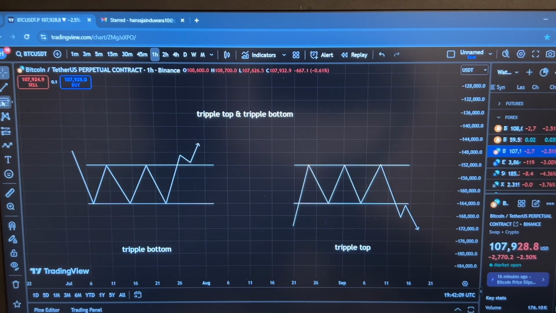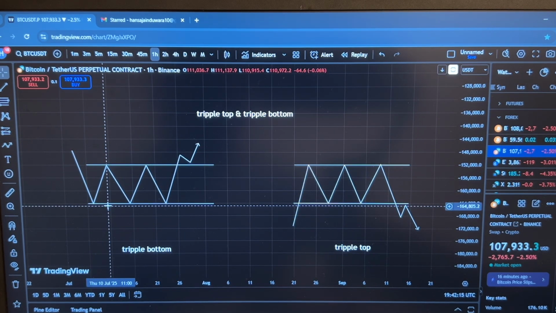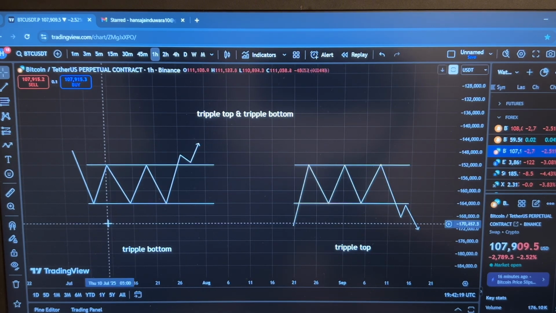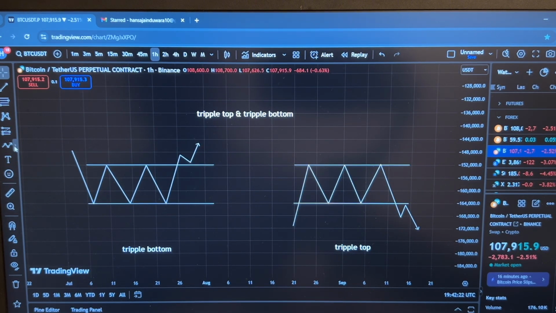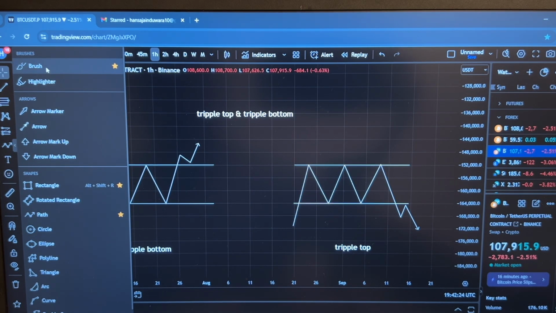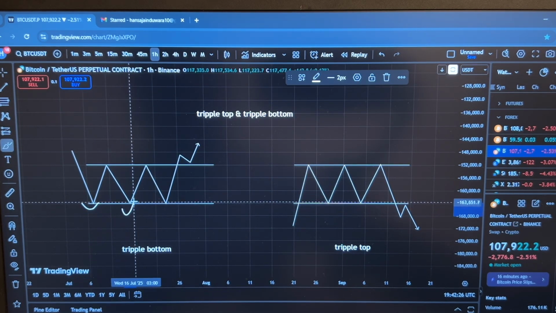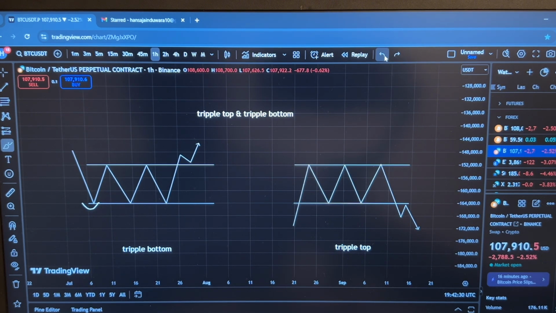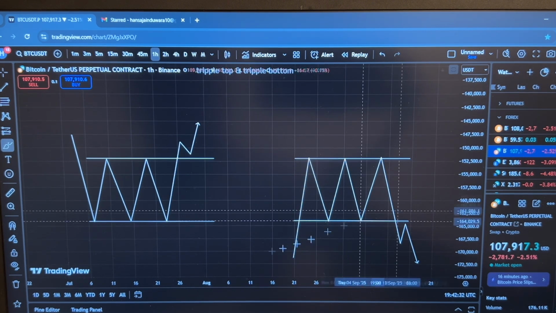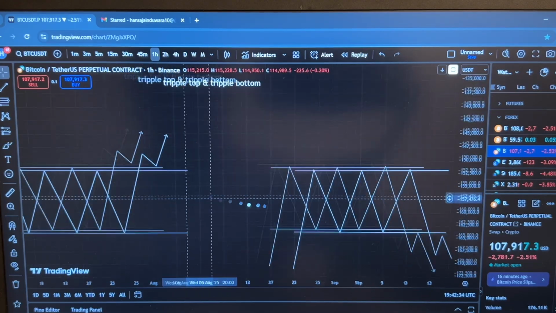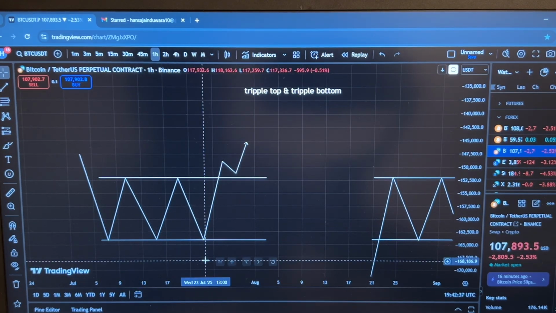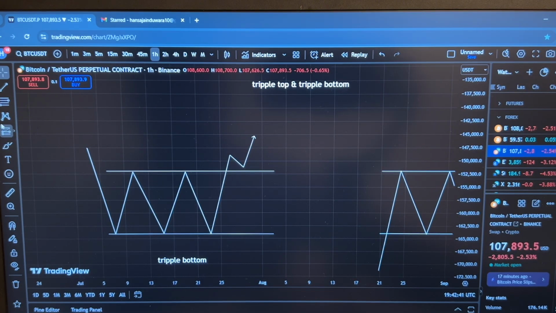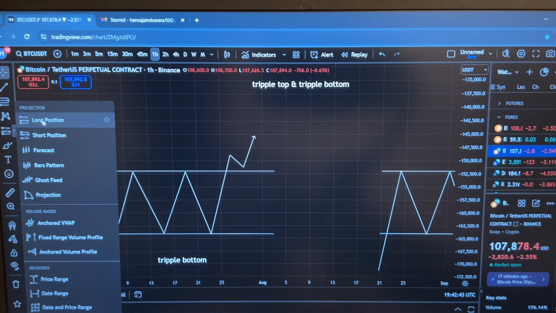I'll show you guys. Just like the double bottom, the triple bottom is going to be the same. So basically, if it makes 3 bottoms, 3 touch points in a trend, it's considered a triple bottom. Where you get the entries, I'll show you clearly. If it makes a triple bottom, it's going to be an uptrend, so it's going to be a long position.